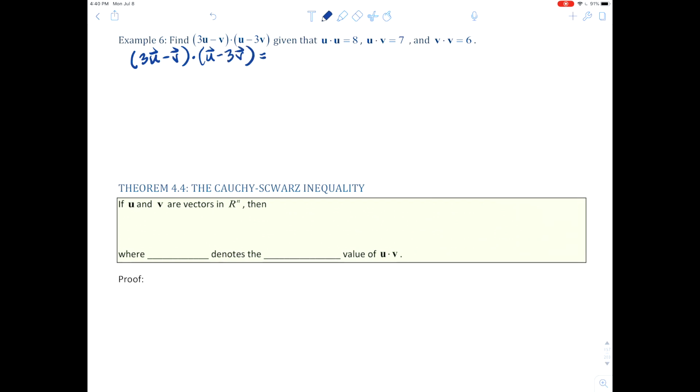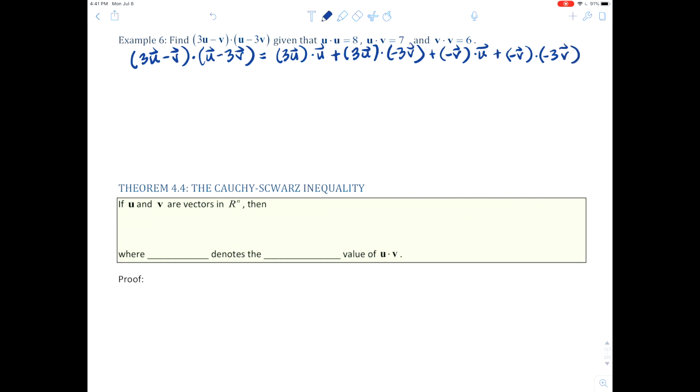That's going to equal what? 3u dot u, plus 3u dot negative 3v, and then bringing the v vector through, we'd have plus negative vector v dot u, and then plus negative vector v dot negative 3 times vector v.